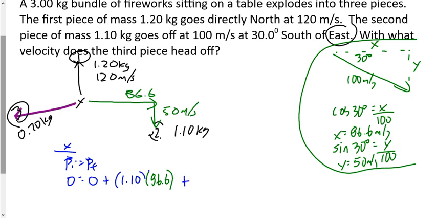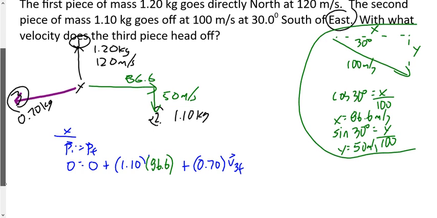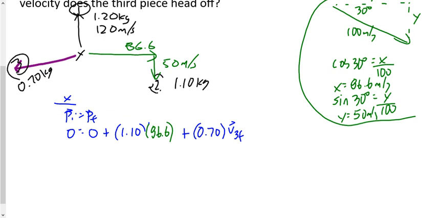Plus 0.70 times V3F. See what we've done there? It's not 1.1 times 100. It's 1.1 times the x component of 100. And I just found the x component a minute ago when I got rid of that silly angle that I don't like. Let's figure out what that is. 1.1 times 86.6 divided by 70 gives me 1.3609 negative.